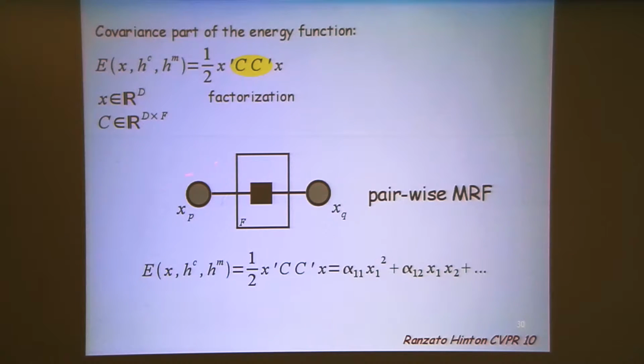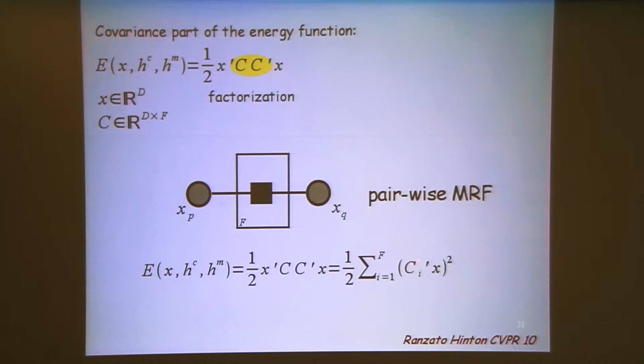And so now, because of this factorization, the graphical model can be drawn as a factor graph. It's a pairwise Markov random field, because if you take this quadratic form and you expand, you get all pairwise products between the input variables, with alphas that depend on the entries of matrix C. But you can write it also as a sum over F factors, where the factors are actually the filter responses.